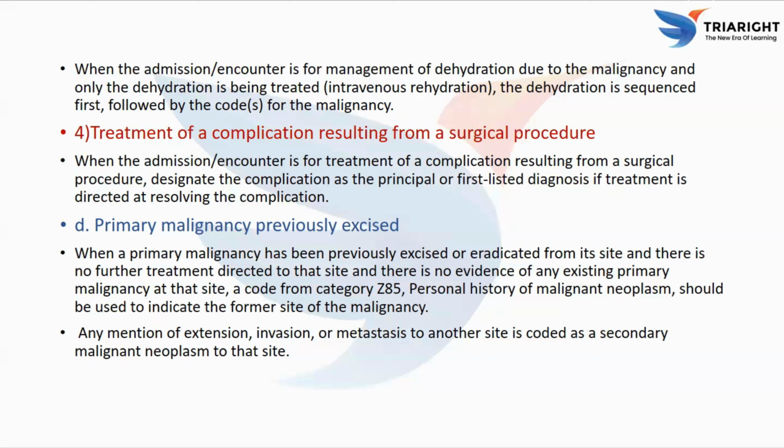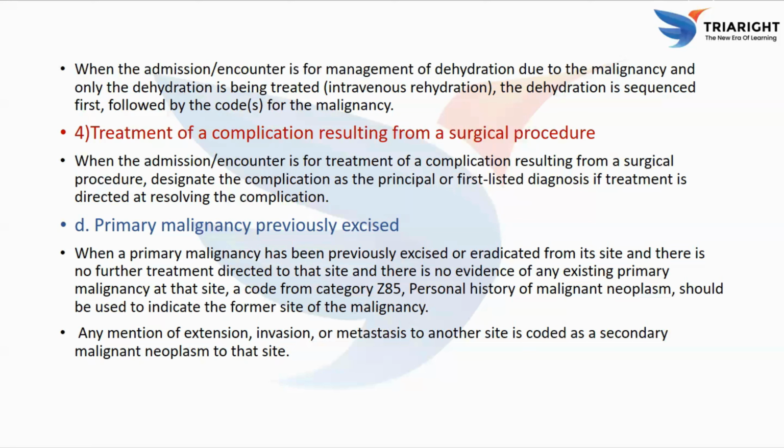So there is no current treatment to that site. There is no evidence of existing cancer at that site. For example, a patient with history of breast cancer, status post mastectomy, and there is no recurrence. So you have to assign the Z85.3 code for personal history of malignant neoplasm of the breast, and not Z85 for active cancer.